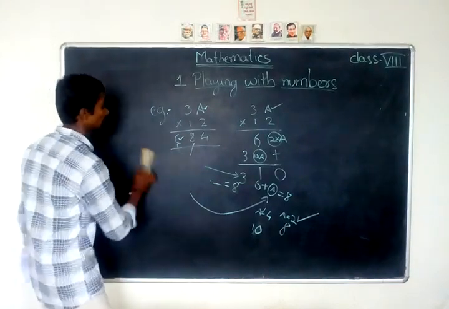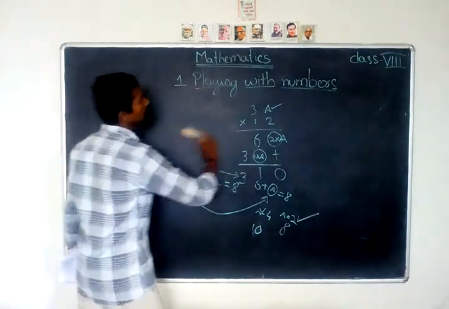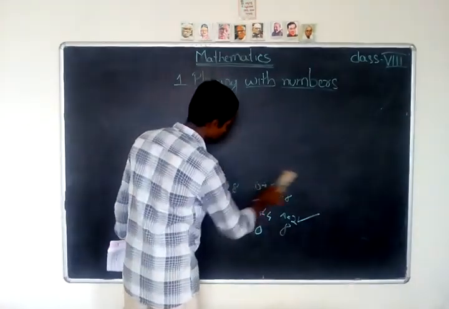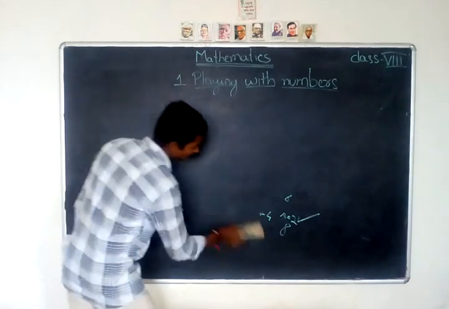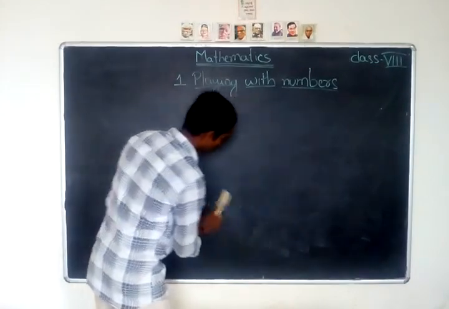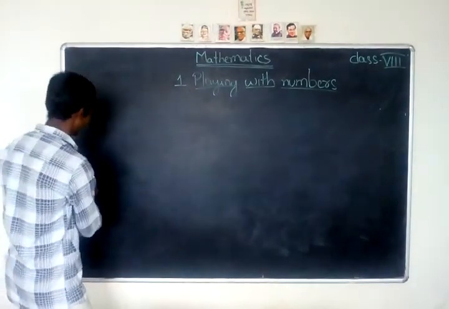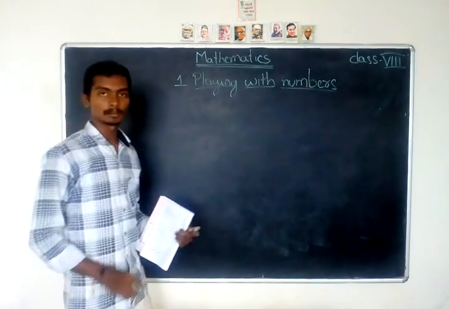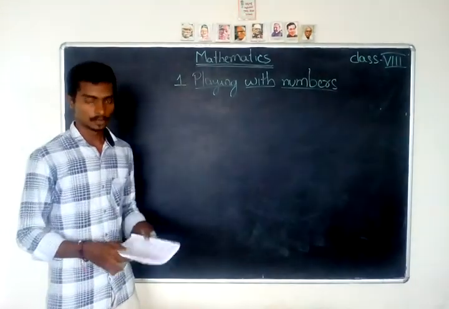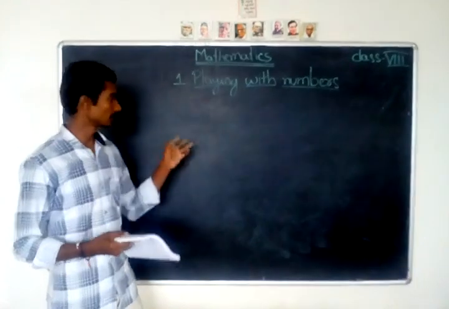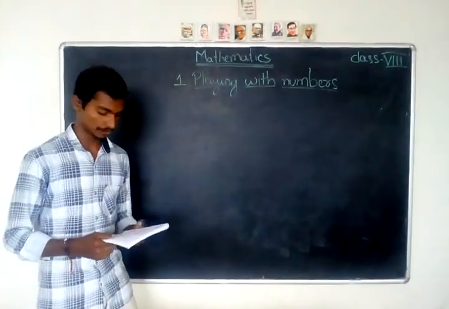To find the value of alphabet in the alphanumerals we require a condition for that, and the condition is, in the first example it is addition, in the second example it was multiplication.